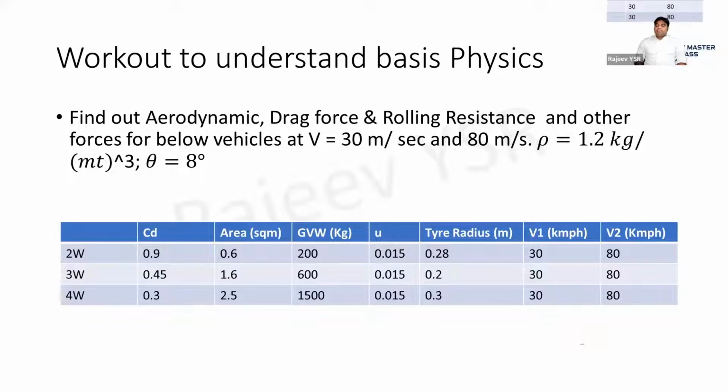Velocity V1 is 30 kilometers per hour, and V2 is 80 kilometers per hour. I told you to find all three forces: the aerodynamic force, the gradient force, as well as the rolling resistance at both velocities, given the angle of inclination theta is 8 degrees. Let me stop presenting and share another screen.